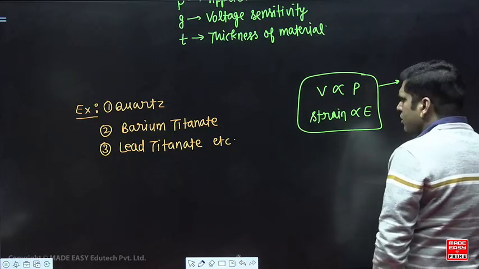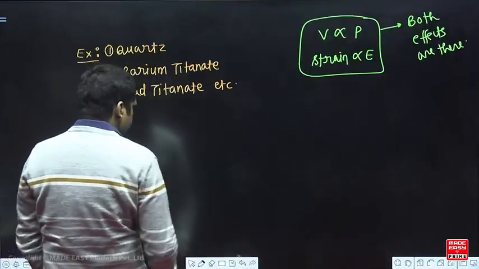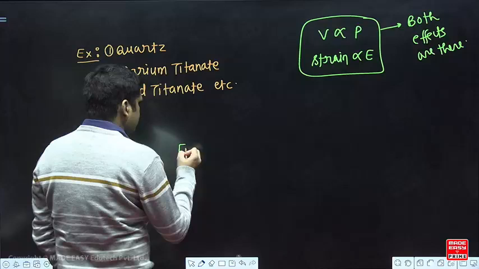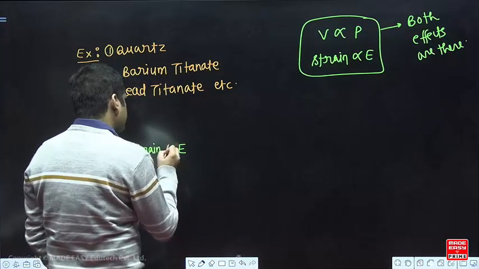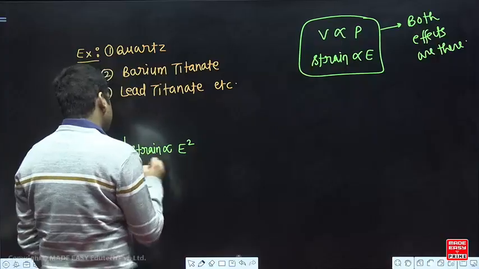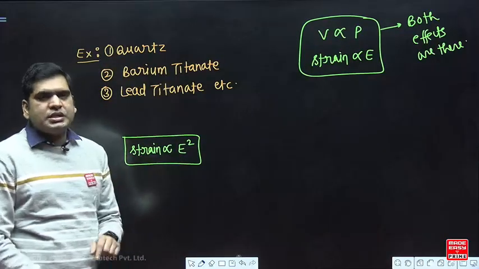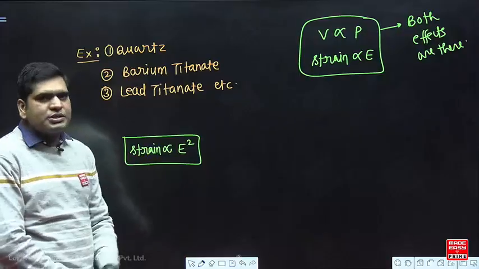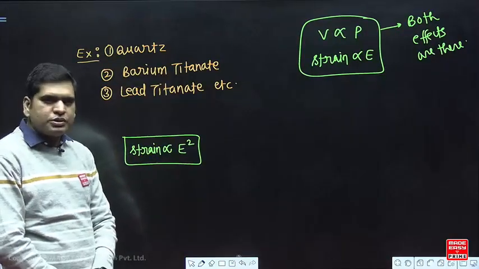In piezoelectric material both are there. But there are certain materials in which if you apply electric field, you get strain, and produced strain is proportional to square of applied electric field. In these materials you will not get the inverse effect, means you cannot get a charge due to the mechanical force.